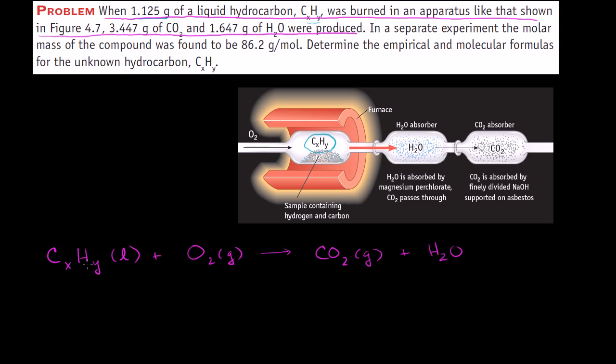But what they do tell us is how many grams of at least this we start with, and how many grams of each of these we end up with. And we're assuming that we have an excess of oxygen, that this hydrocarbon is the limiting reactant. We just have an abundance of oxygen, just enough oxygen to combust all of the hydrocarbon into carbon dioxide and water.